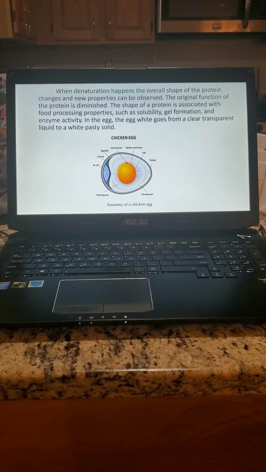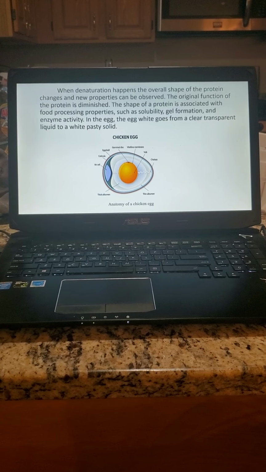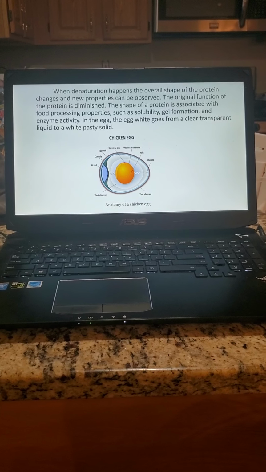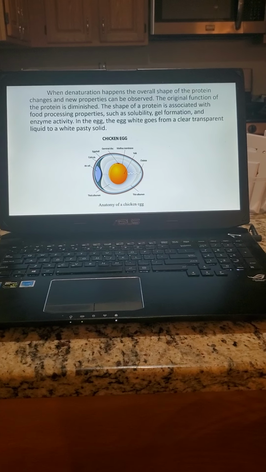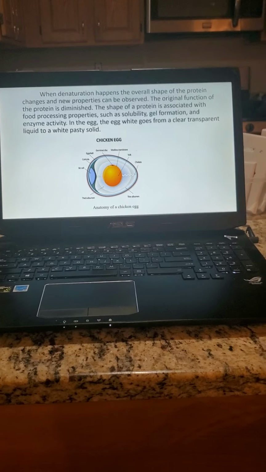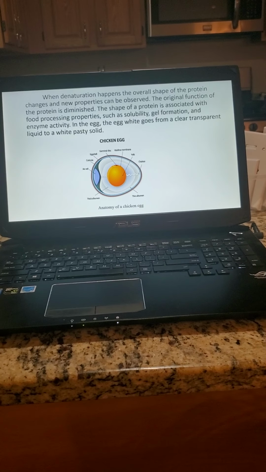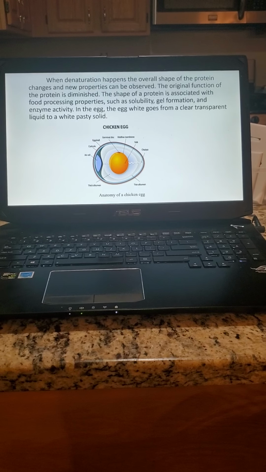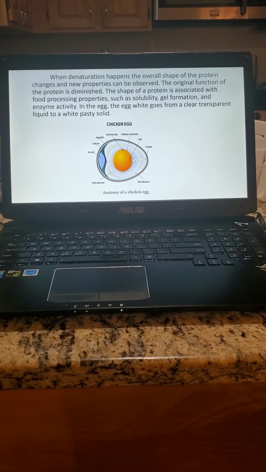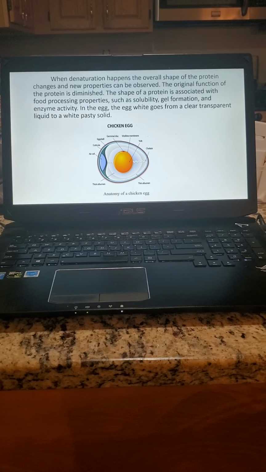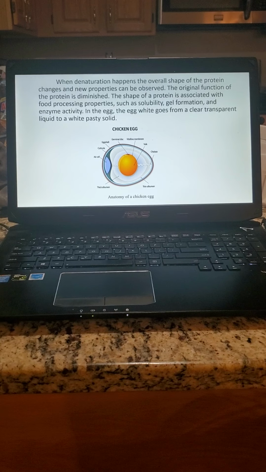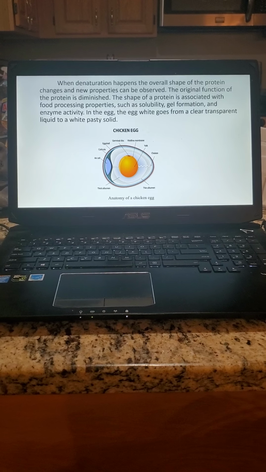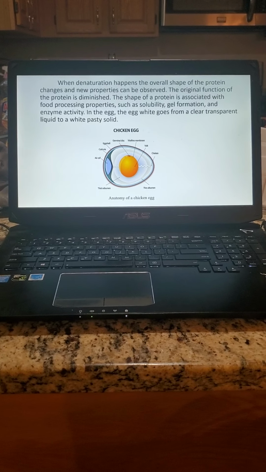When you alter the chemical bonds, you can either raise or lower the boiling point or melting point of the chemical, or the molecule. So with the new shape of the protein, you can see certain types of solubility and different enzymes, and how the enzyme will react to that new denatured protein.